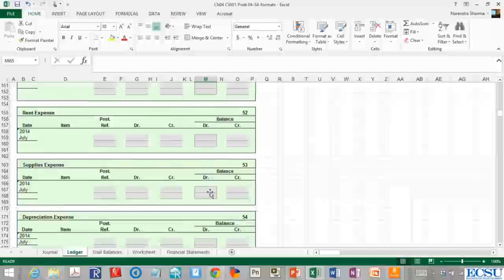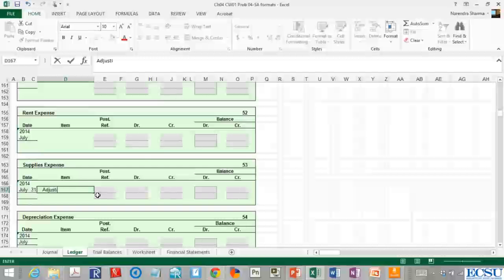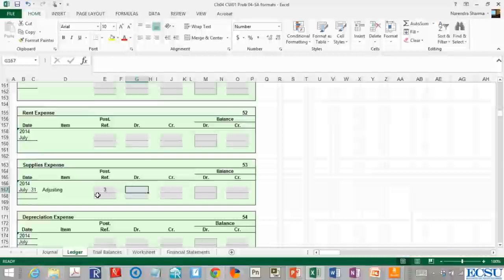Yes, supply expense, and we find out that it needs to be debited. So supply expense is debited, and of course this is 31. In the item I should be writing adjusting. I don't know whether I wrote it before or not, but now make sure that I write it. And number three is debit of 2275, and therefore the balance also will be 2275. So that is taken care of.